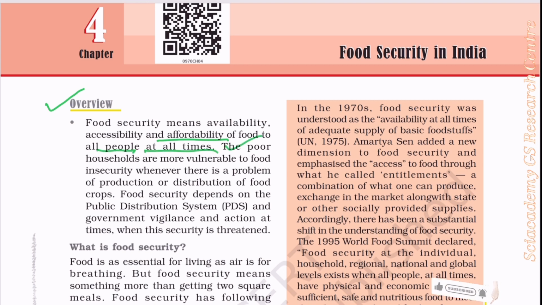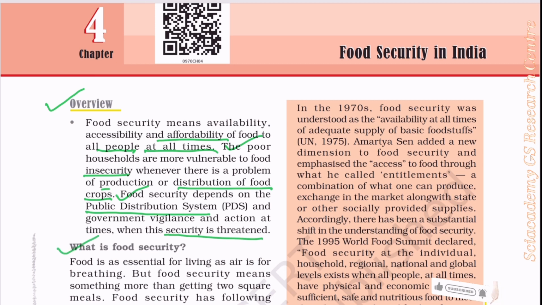The poor households are more vulnerable to food insecurity whenever there is a problem of production or distribution of food crops. Food security depends on the public distribution system, that is PDS, and government vigilance and action at times when this security is threatened. What is food security?